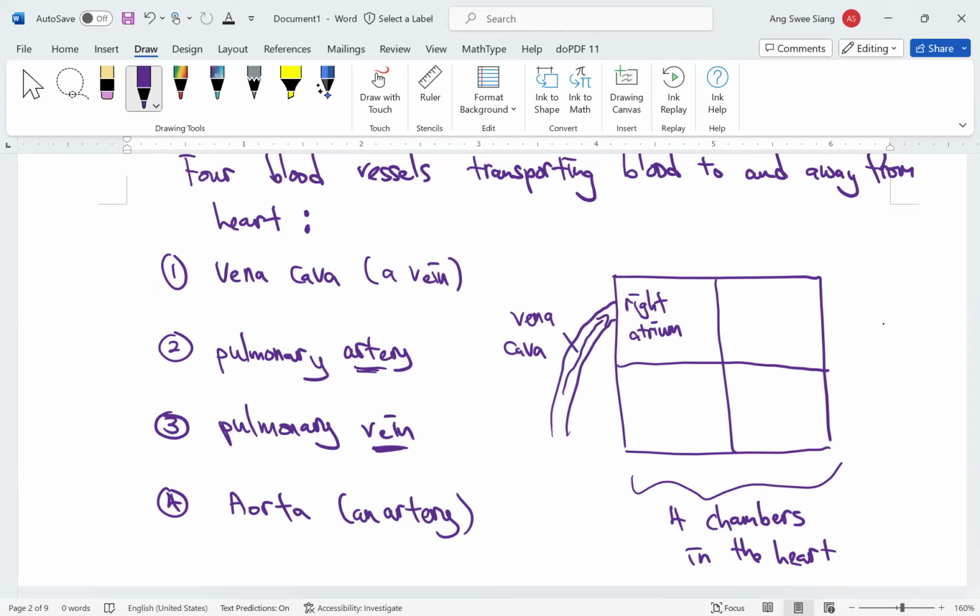Then after the blood is transported into the right atrium, it will be pumped into the right ventricle, before it is pumped out from the right ventricle to the next blood vessel, which is called the pulmonary artery.